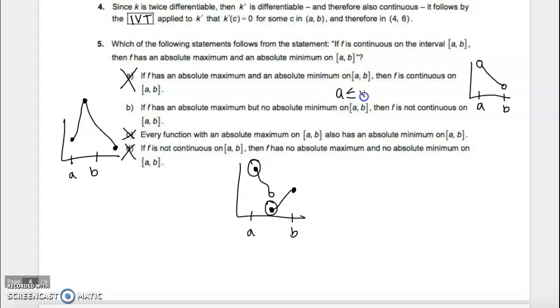Remember the hard brackets mean including that endpoint. And so there's no way I can draw a continuous function that has both endpoints that doesn't also have a minimum. So this would be the statement that falls from it. It's almost like a converse or an inverse statement of this conditional statement. Awesome.